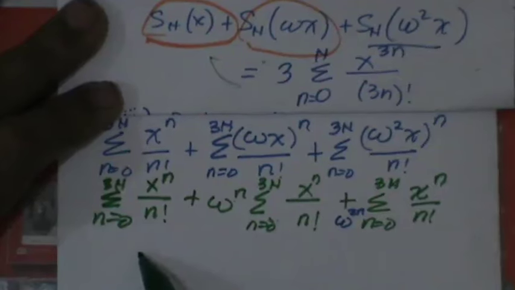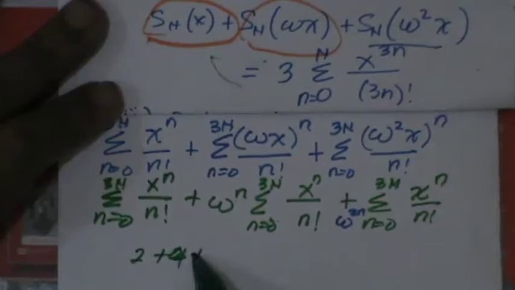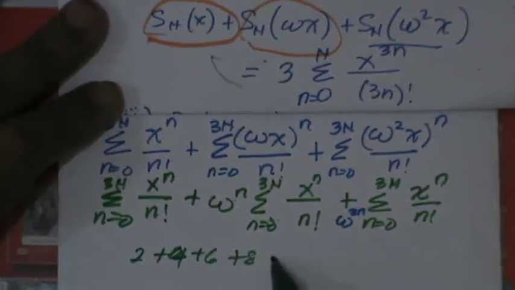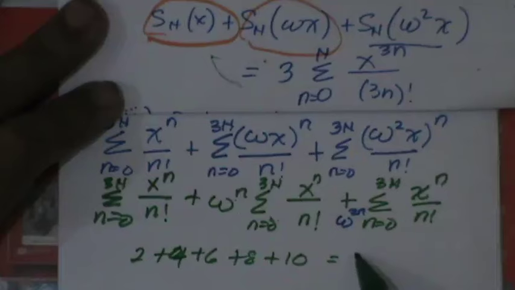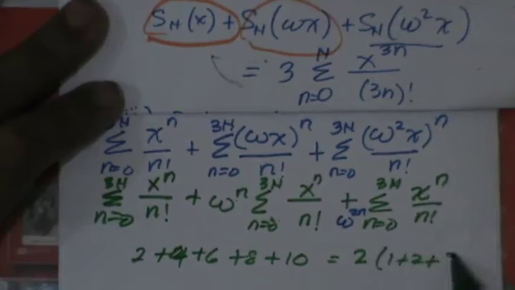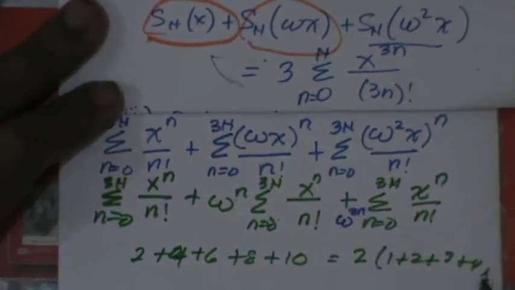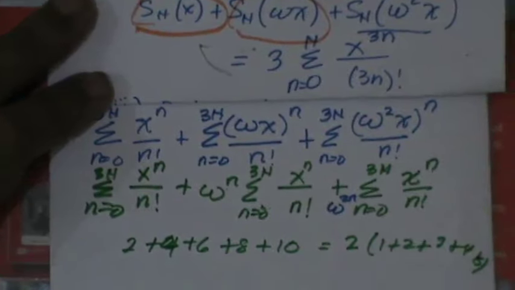So for example, you have there 2 plus 4 plus 6 plus 8 plus 10, for example. What is this equal to? That is equal to 2 times 1 plus 2 plus 3 plus 4 plus 5 and so forth and so on.